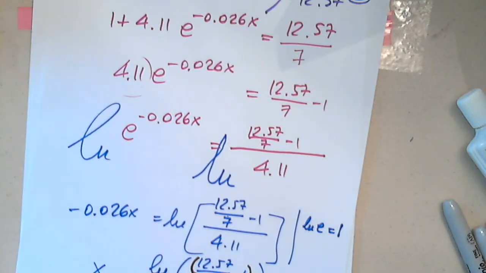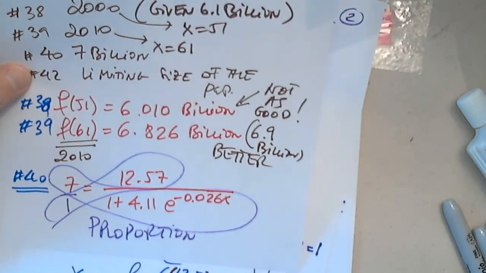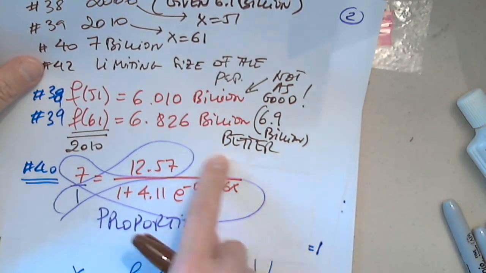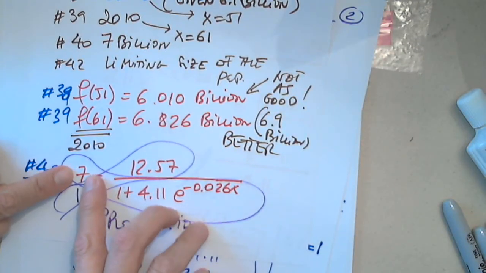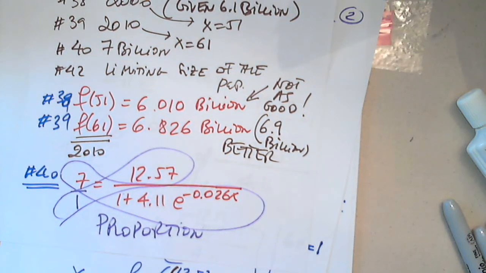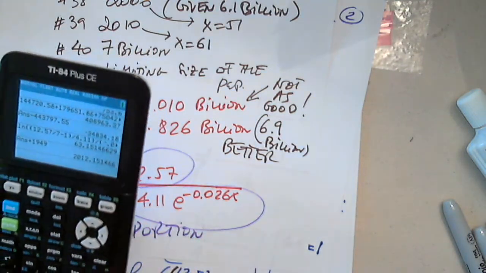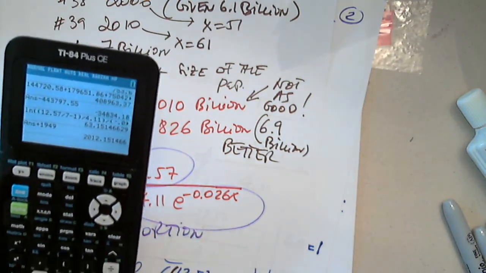If I don't trust my number, I can always go back here, plug in 63.15 in here, perform all the calculations, and I should get very, very close to 7. If I use the entire number, I will definitely get 7. So leave it alone. I performed another calculation already.